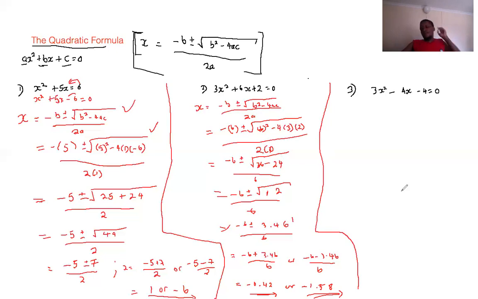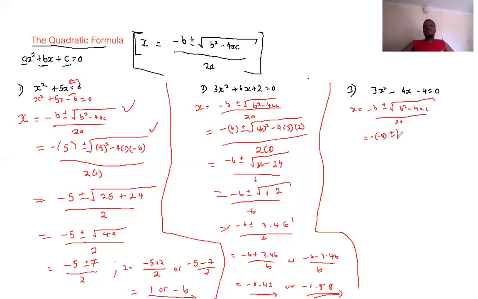So you can do the same on this last question. First of all, you write the formula: negative b plus or minus the square root of b squared minus 4ac all over 2a. Then we have negative b. B is now negative 4. Should be careful, right?